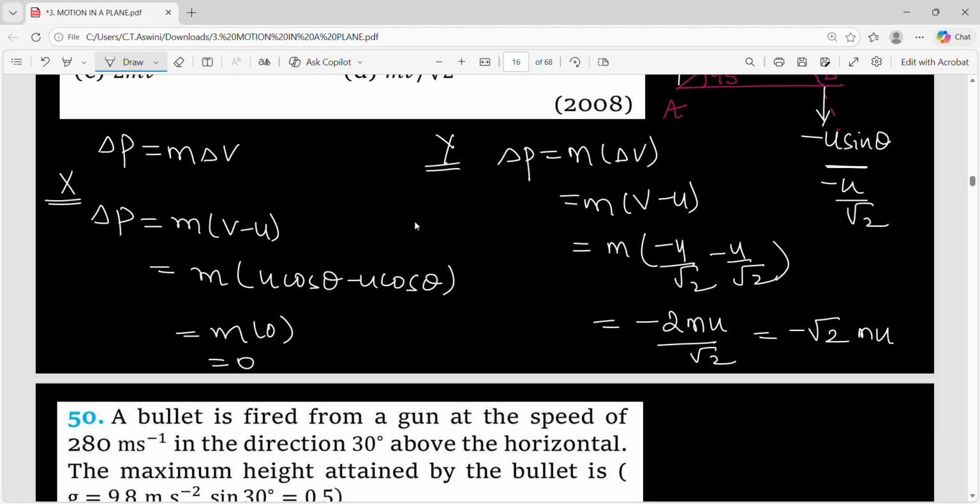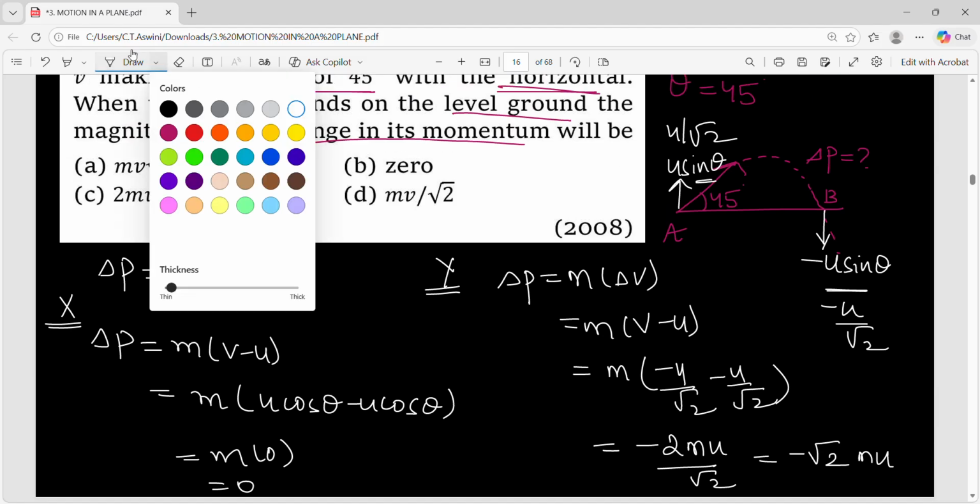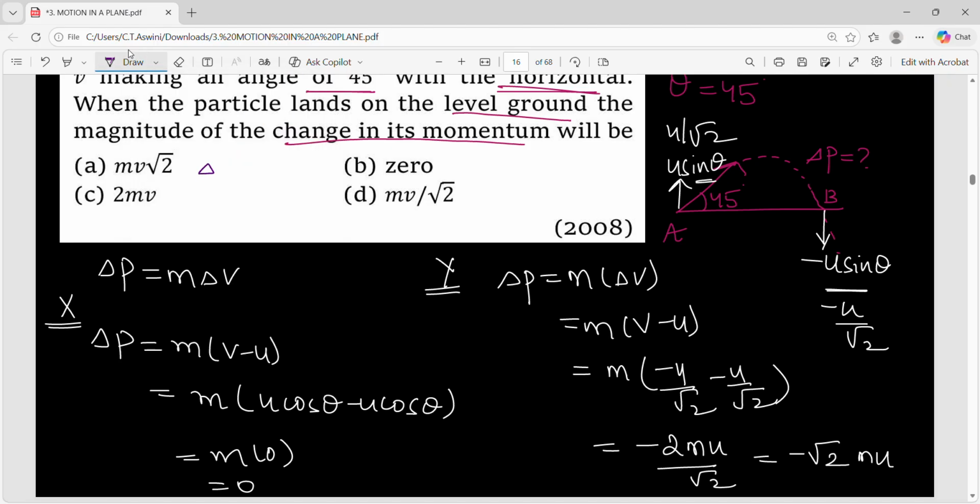Now what about the net change in momentum, because this is 2D motion, right? How will you find the net change in momentum? It is square root of x component square plus y component square. So this is 0 square plus minus root 2 mu whole square.